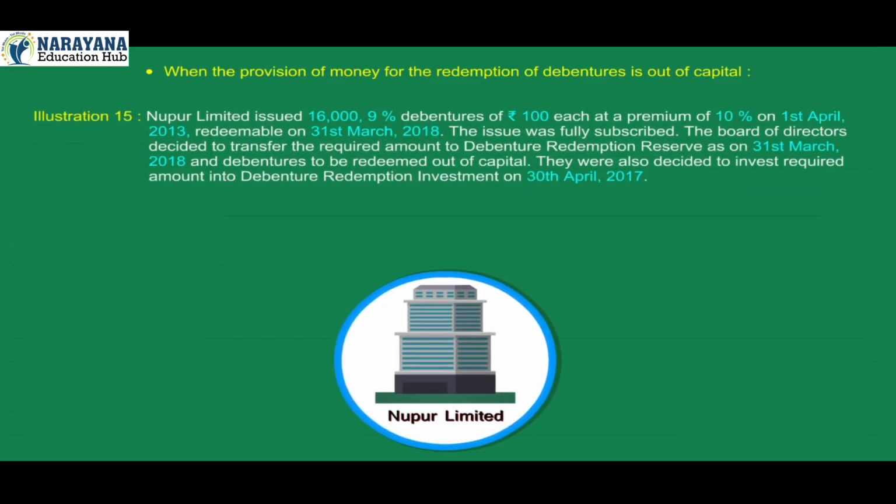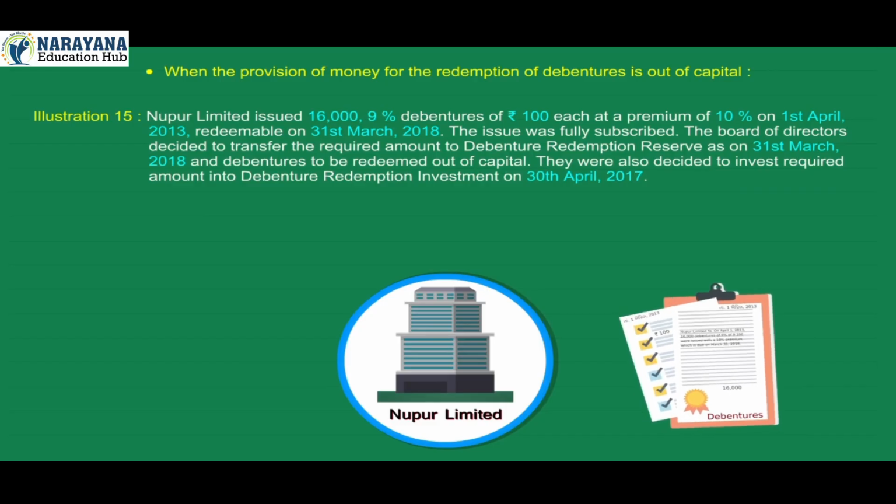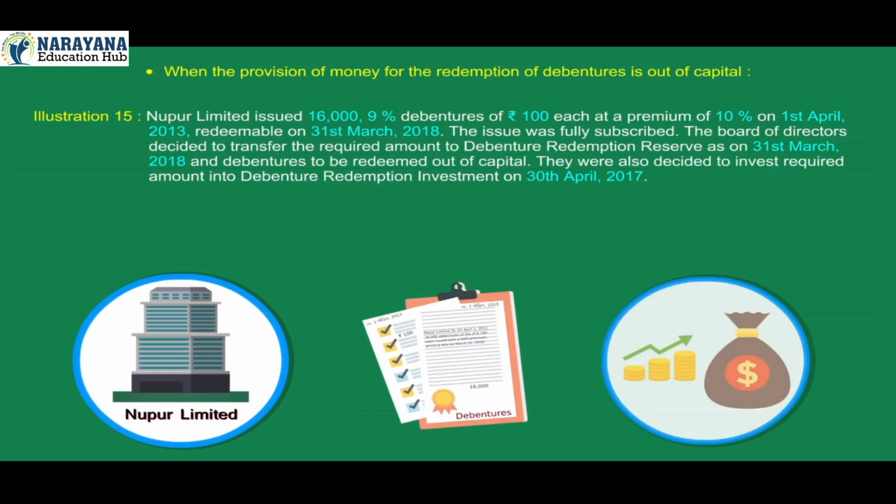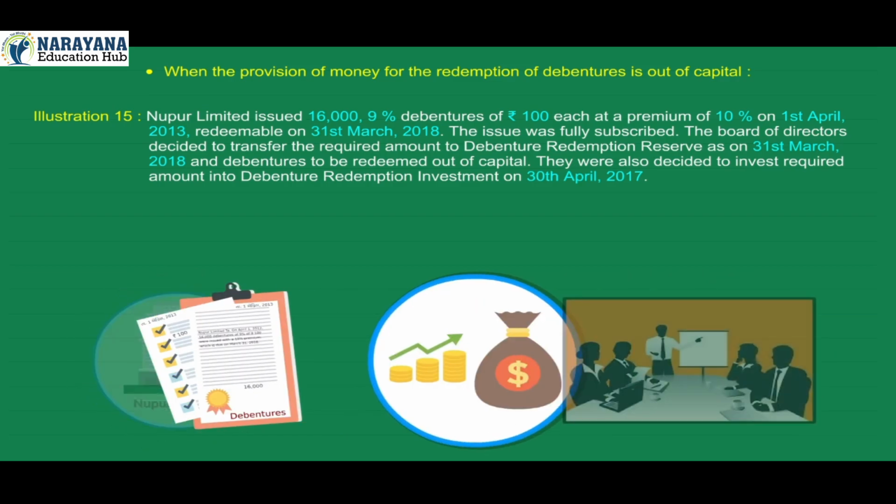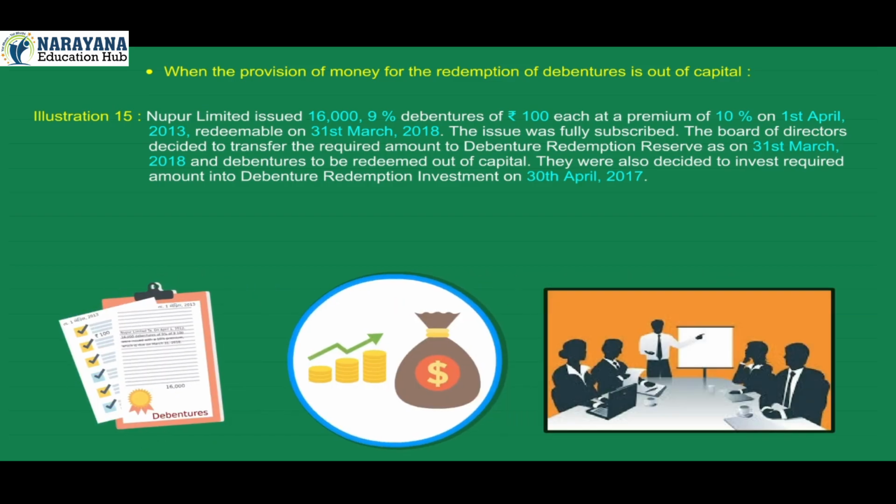Illustration 15. Nipul Limited issued 16,000 9% debentures of ₹100 each at a premium of 10% on 1st April 2013, redeemable on 31st March 2018. The issue was fully subscribed. The Board of Directors decided to transfer the required amount to debenture redemption reserve as on 31st March 2018 and debentures to be redeemed out of capital.